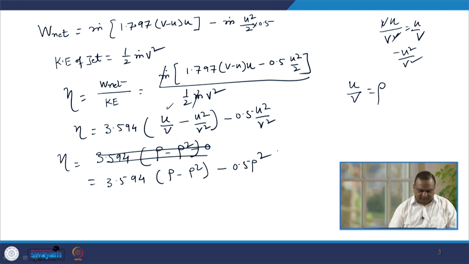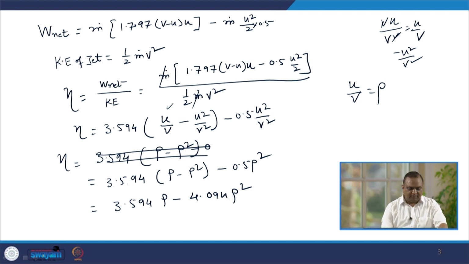It can further be simplified as 3.594 rho minus 4.094 rho square, because 1 plus 0.5 gives 1.5, which is added to the 2.594 terms, so it automatically becomes 4.094, and that is the efficiency.